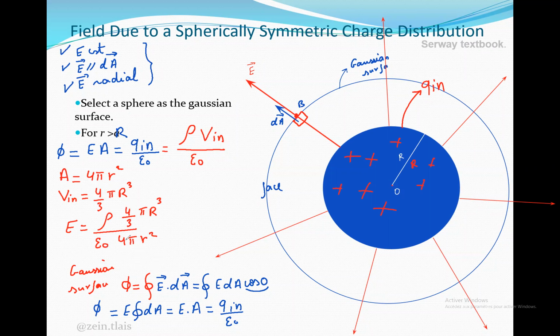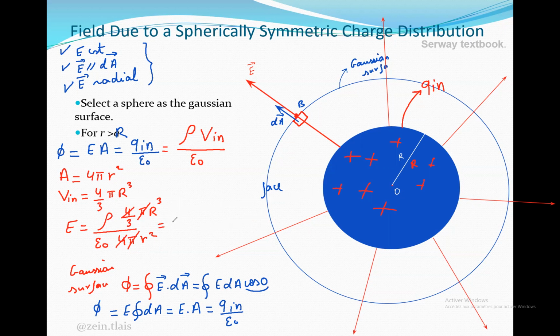Don't forget that A is the area of the Gaussian surface and Vn is the volume of Qn. We can cancel pi and pi, 4 and 4.